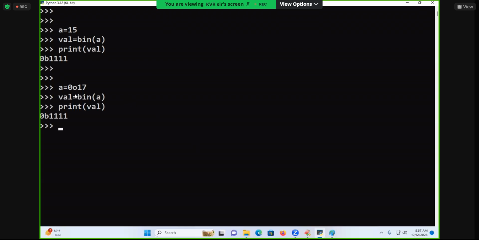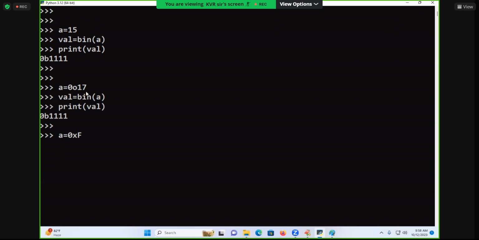If octal is given, you know the calculation of mathematics. Convert into what? Decimal. Decimal to what? Binary. Got it or not? Next up. A is equal to 0xf. What is 0xf?